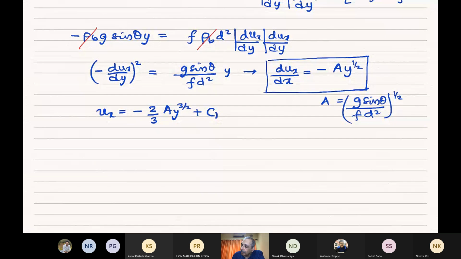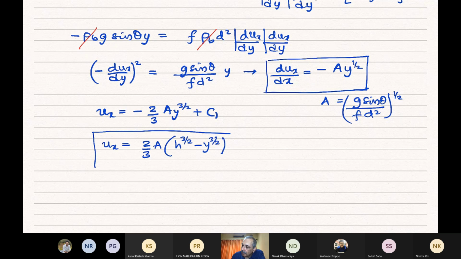And then if you apply the boundary condition that ux is equal to 0 at y equal to h, you will get the expression for ux, that is just equal to 2 by 3 into a h raised to the power of 3 by 2 minus y raised to the power of 3 by 2. So this is known as the Bagnold profile, because Bagnold was the first one to come up with this result.